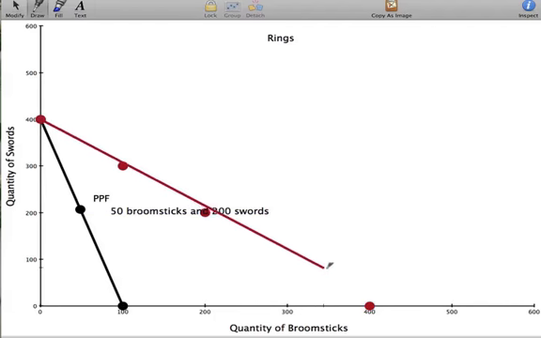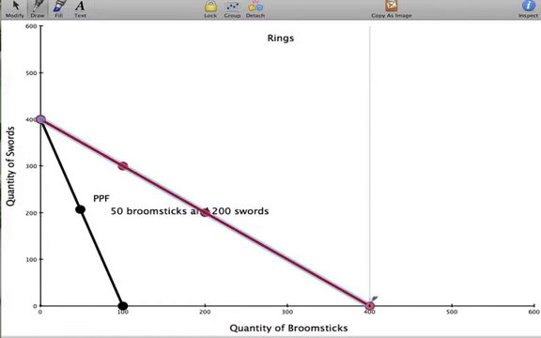We can connect these points, put them on a line, and you can see all of the possible consumption points Rings can consume. Rings is able to consume more swords and more broomsticks than they would if there was no trade.